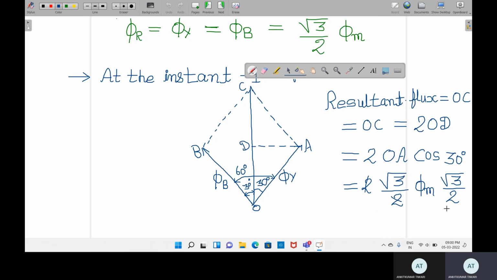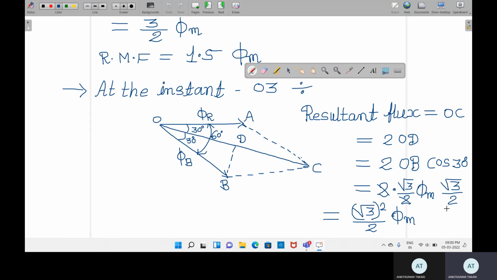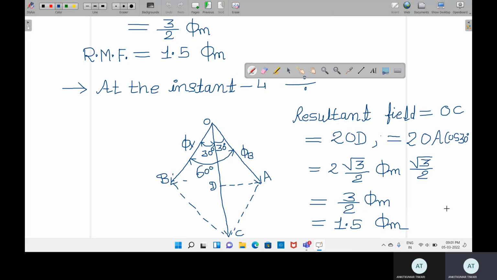At the instant 1, the position of the resultant vector or resultant flux is vertical. Then it will be shifted by 60 degrees, which means it has moved 60 degrees. The next resultant vector has again shifted by 60 degrees, and the next resultant vector is again shifted by 60 degrees.